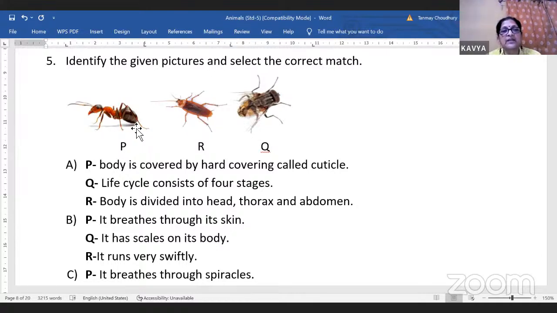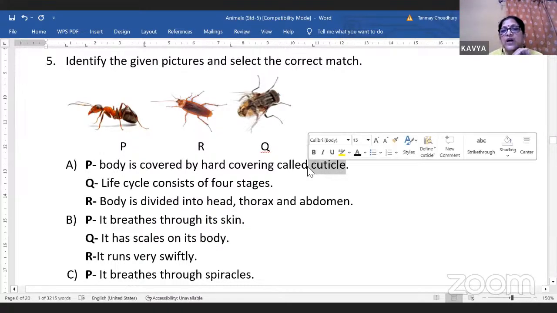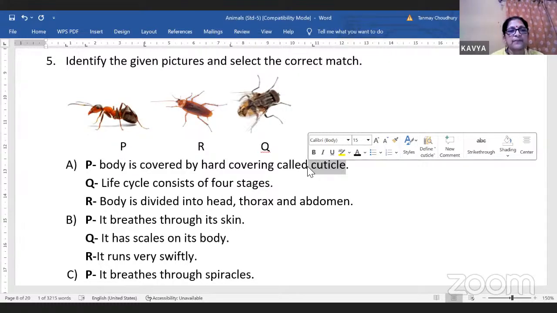The body of an ant, the body of a cockroach, all the insects are covered with a hard covering, which is known as a cuticle. This is the cuticle. So the hard covering of insects is known as a cuticle.